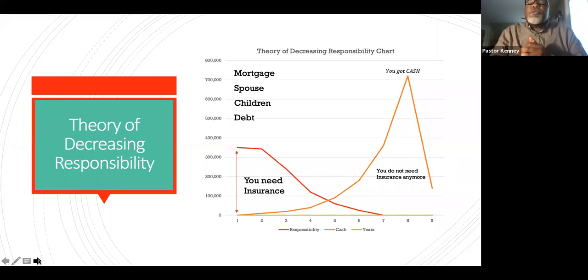So a person who loves their family would seek to get insurance to provide that income replacement, because that's what insurance is, to provide the income they would have made had they lived.